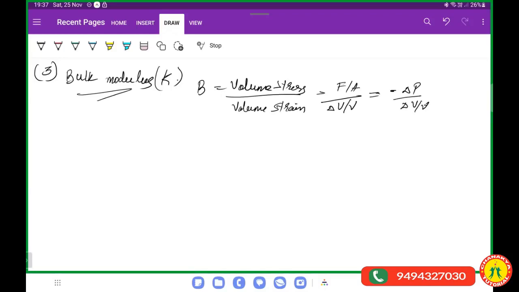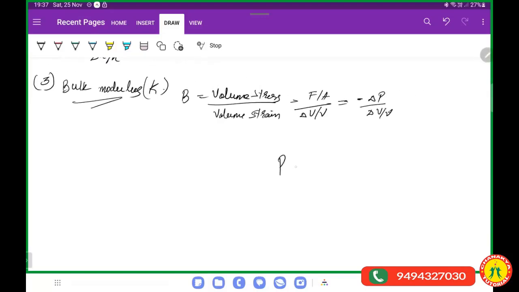Here we have a change in volume, because final and initial might differ. So if we increase the pressure, the volume of the body decreases, and the opposite.